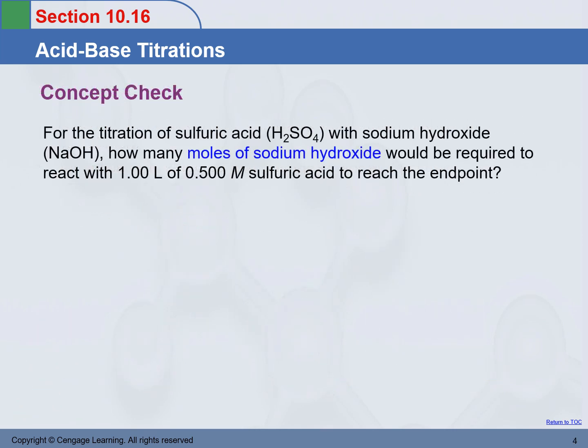For the titration of sulfuric acid with sodium hydroxide, how many moles of sodium hydroxide would be required to react with 1 liter of 0.5 molarity sulfuric acid? That's sulfuric acid. i equals 2 for sulfuric acid.